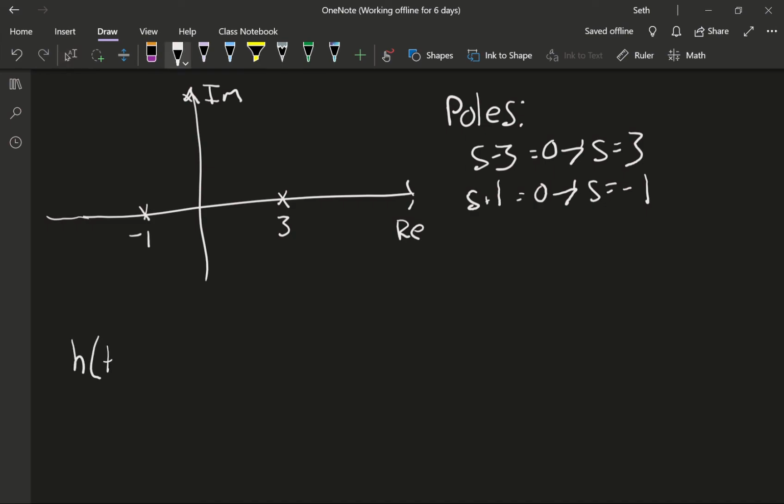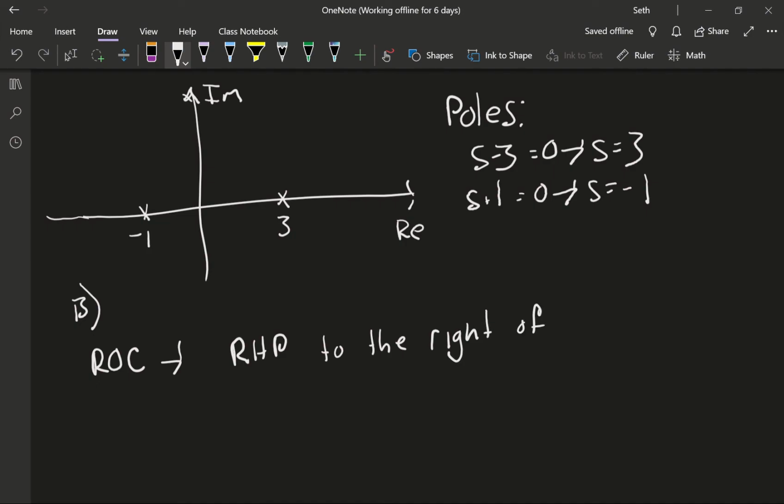So the condition for causality is that the region of convergence for the transfer function is the right half plane, RHP, to the right of the rightmost pole.